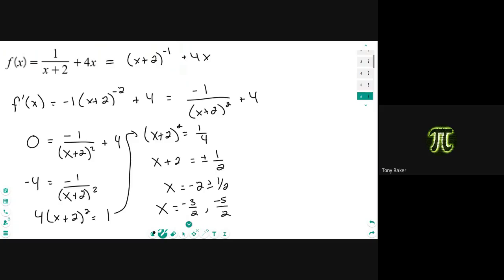And this is where remembering your algebra skills comes into play. All right. Any questions on the steps I used to get there?